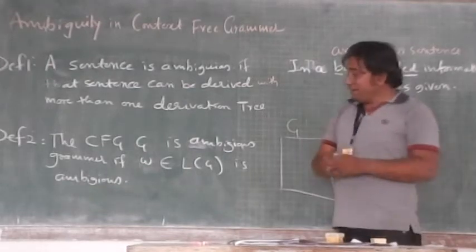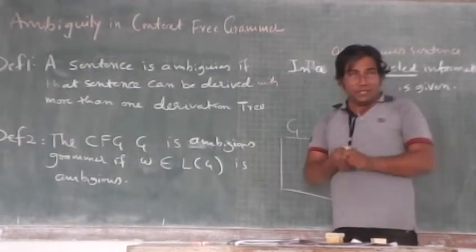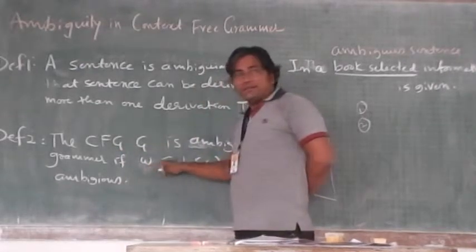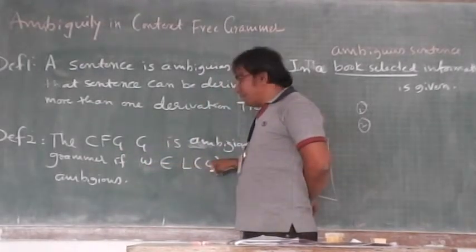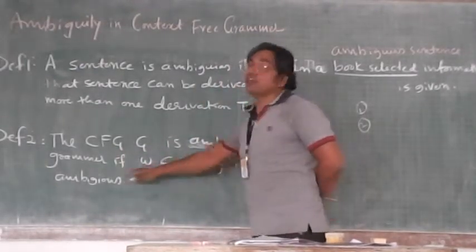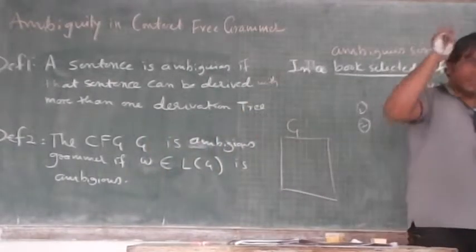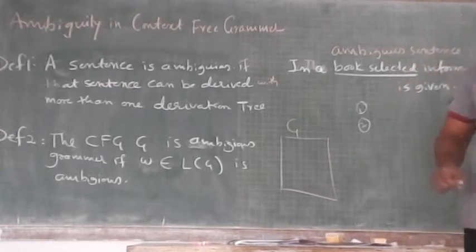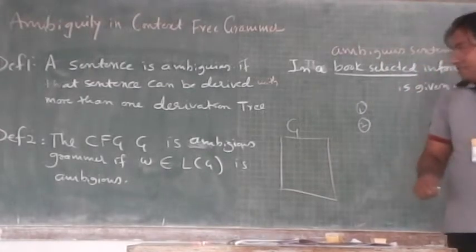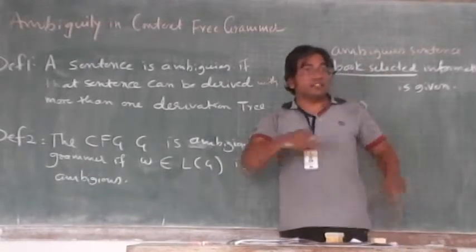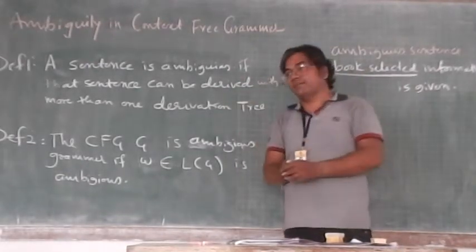And I can say a grammar is ambiguous if one of the strings from the language generated by the grammar is ambiguous. If even a single string from the language generated by the grammar G is ambiguous, then I can say the total grammar is an ambiguous grammar.